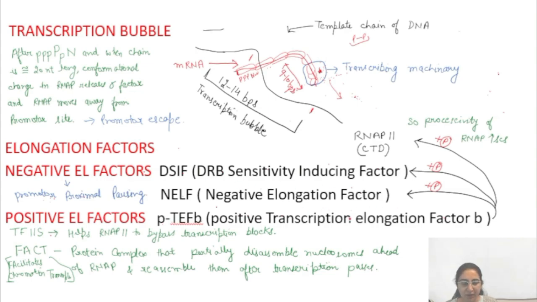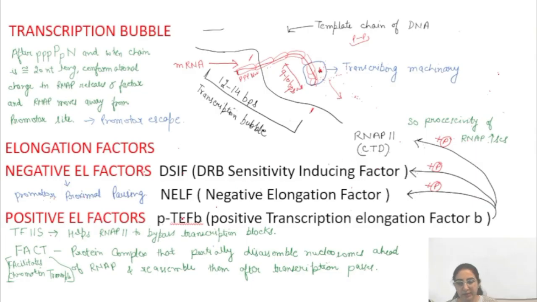This factor causes phosphorylation of these two negative elongation factors and nullifies their effect, and also it causes the phosphorylation of various amino acids in the C-terminal domain of RNA polymerase II. That increases the processivity of the RNA polymerase.